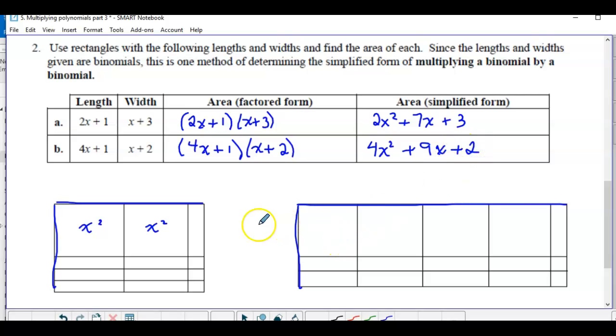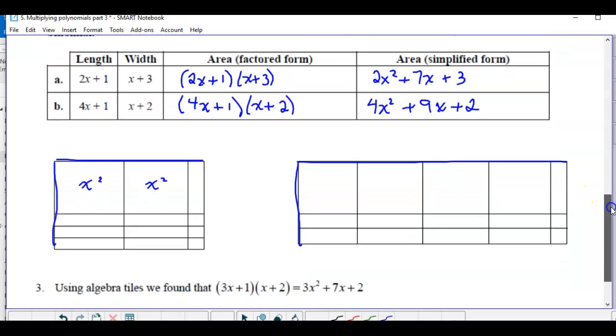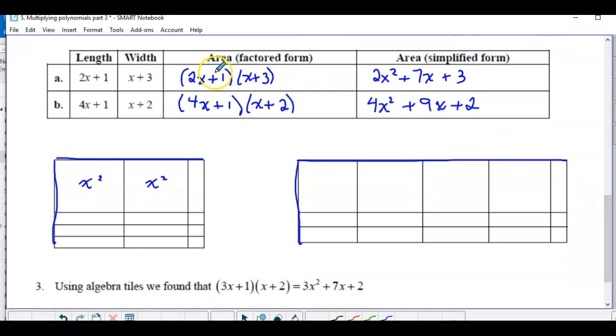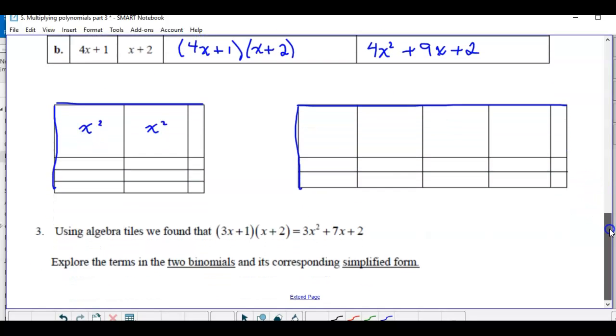So that's 2. So we have to try to figure out how to get from this form to this form without using tiles, okay? And so actually, we'll do it with the original one. It's right here.